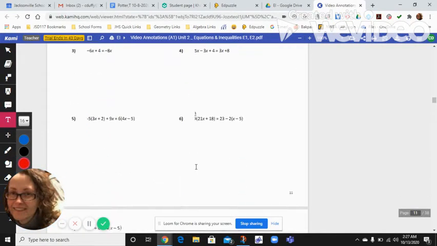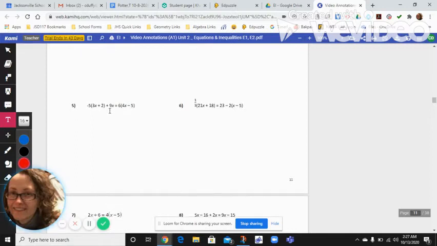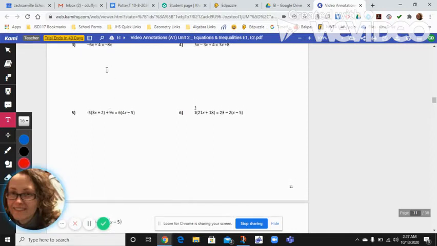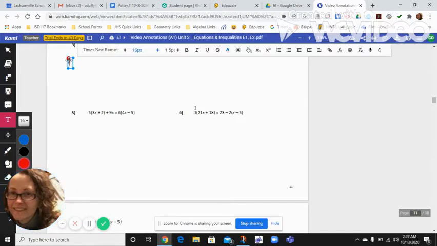The next problem that I want to look at is question number 5, and this is going to put together all of our steps from above. So I'm going to just write these down real quick. My first step is to look for any grouping symbols. Then I want to combine like terms on each side.